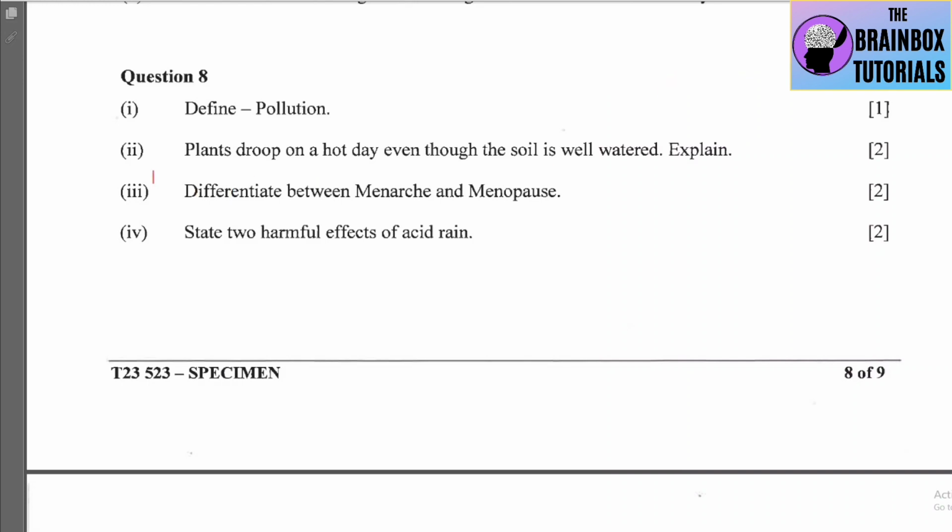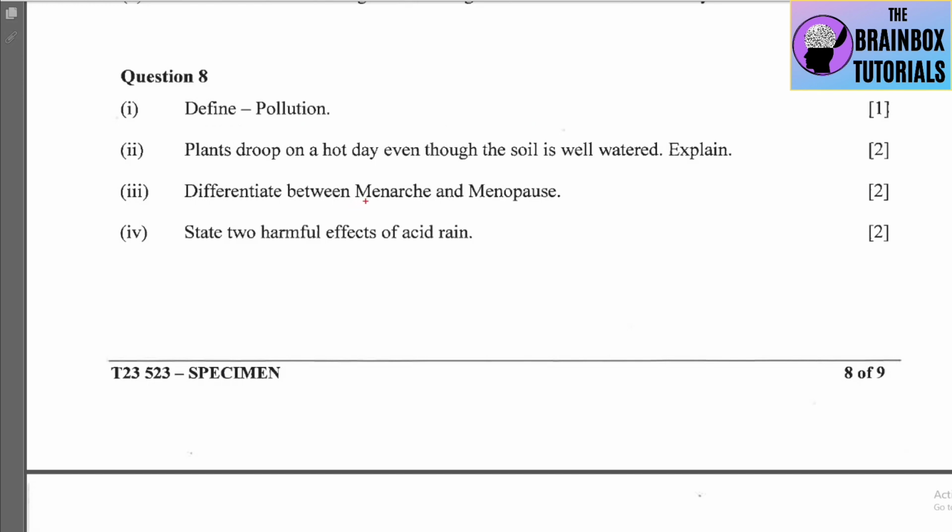Now part 2 is plants droop on a hot day even though the soil is well watered. Explain. So for that you are going to write because the rate of transpiration is more than the rate of absorption at that time of the day.